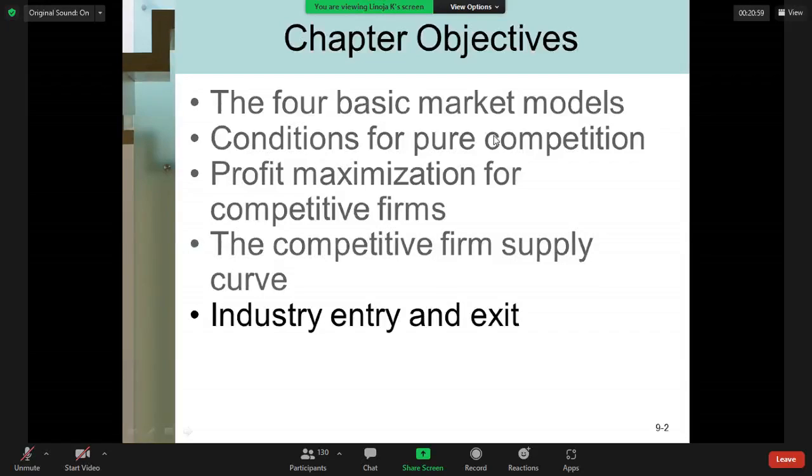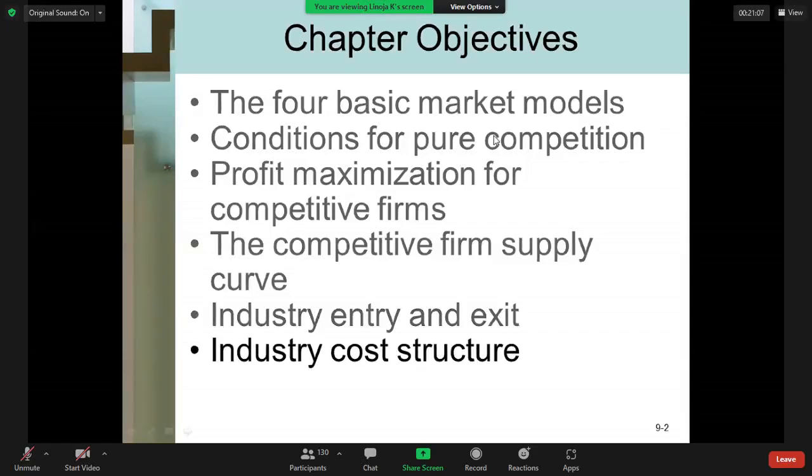Then industry entry and exit. One by one we will be studying, then you will understand this. Then industry cost structure, how the cost structure will be. Finally, the economic efficiency. Efficiency means you have to find whether the market is running in a good way or running at a loss, and make an analysis of it, right?